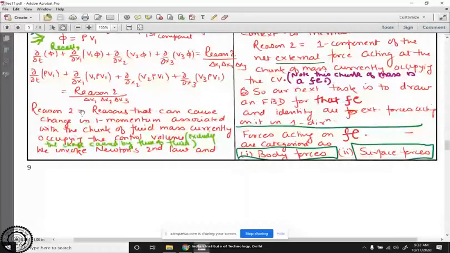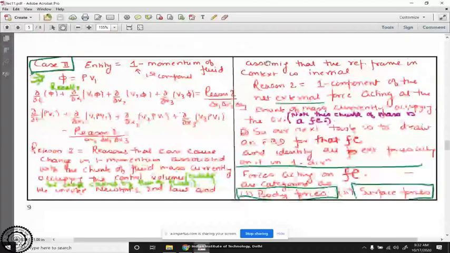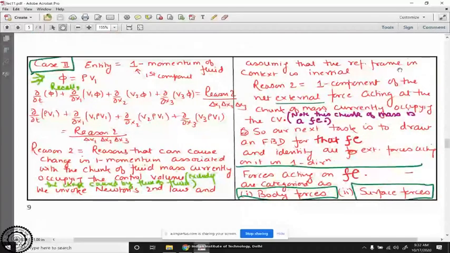So we invoke Newton's second law, and assuming that the reference frame in this context is inertial, which I'm taking from now onwards, the frame of observation is inertial. So reason two should be one component of the net external force acting on the chunk of mass currently occupying the control volume. That should be reason two.